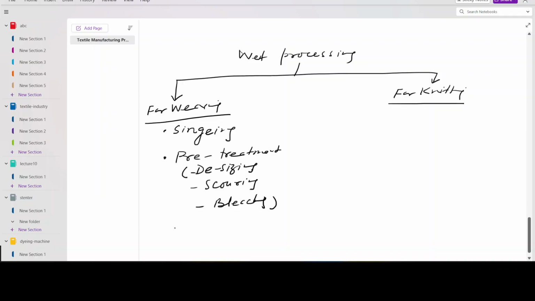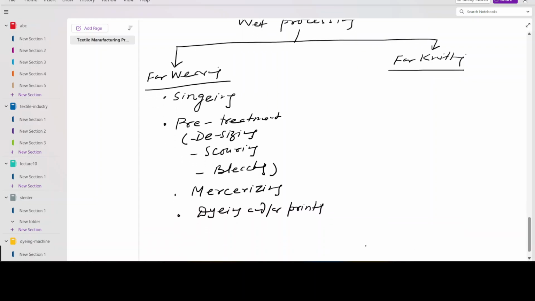These are the pre-treatments. And then we have mercerizing, then we have dyeing and or printing, and finally we will have a process known as finishing.